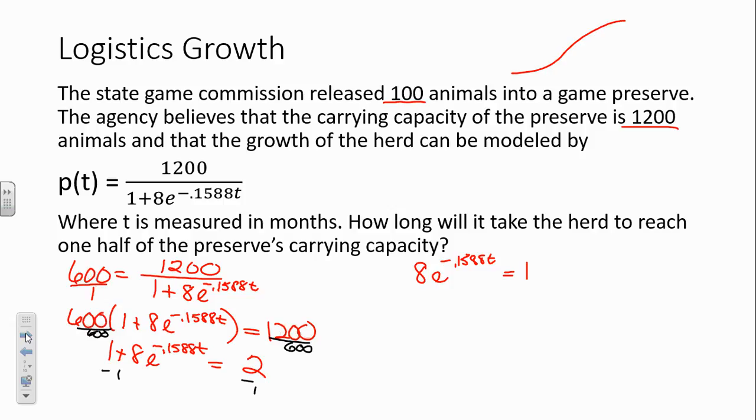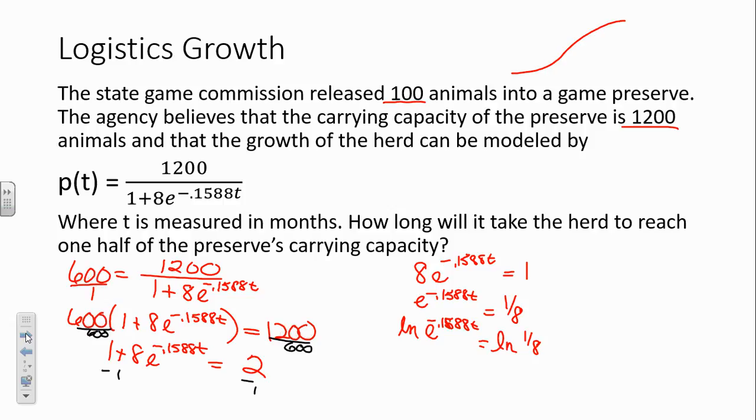So we divide. So e to the negative 0.1588 t will be 1/8. And now how do we get rid of it? Yep, we use a natural log. So the natural log of e to the negative 0.1588 t will be the natural log of 1/8.